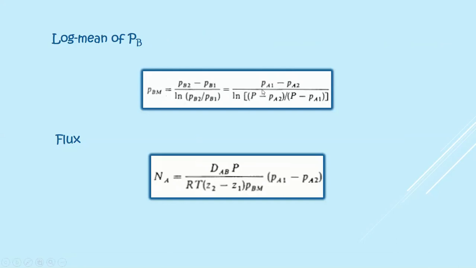Now, if you have those partial pressures and you have the total pressure of the system of the two gases, then it would be a simple case of substitution to get the log mean pressure of B. Now, if you don't have the A and we want to use the B, the B can be taken from the context that PB plus PA is equal to P. So if you don't have PB1 and you have PA1 and the total pressure, then you can subtract PA1 from P, and that would be your PB1.